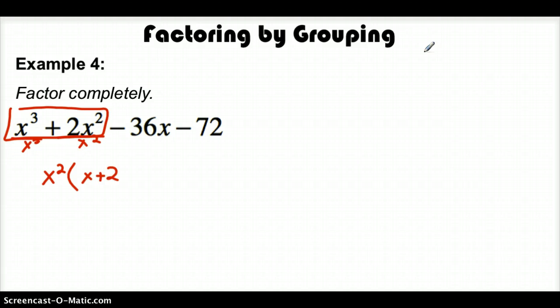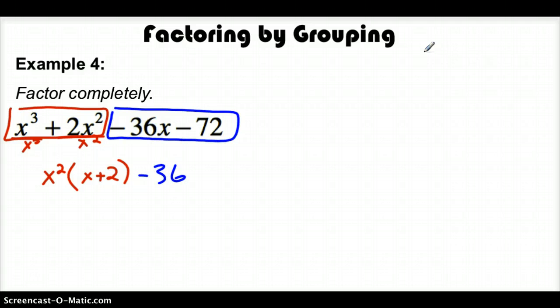In this other part, our blue part, I know that 36 times 2 is 72, so I can take out a negative 36 here. If I take out a negative 36, I divide by negative 36 here and negative 36 here, and I'll be left with x, and then negative 72 over negative 36 gives me a positive 2.